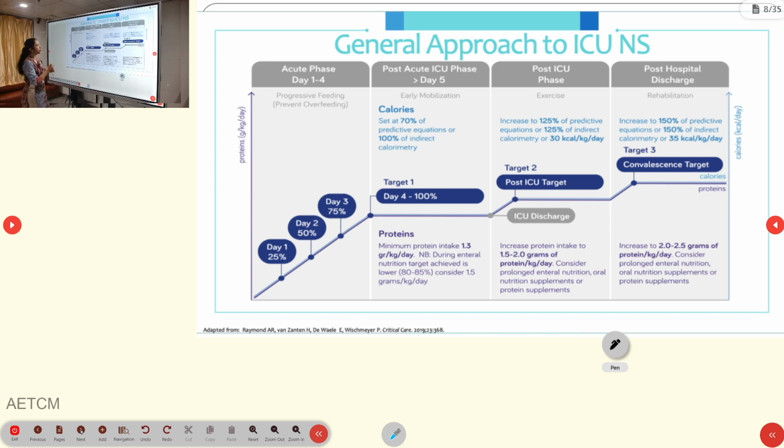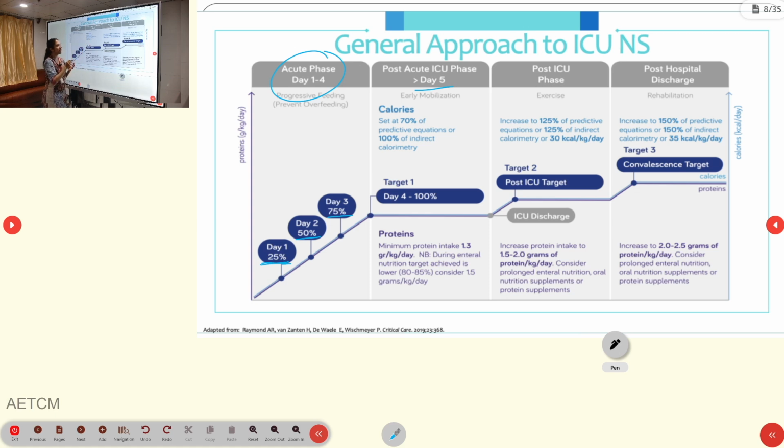So in the acute phase in the ICU, in the first 4 days, initially on the first day we will be starting low feeds, like 25%, and based on the patient's tolerance we will be increasing the requirement. First we will be giving only 25% of the target, then 50, 75, like that we will be increasing. And in the post-acute phase, around the 5th day, we will be giving calories according to the patient's weight.